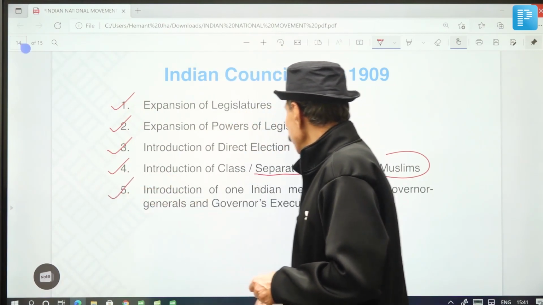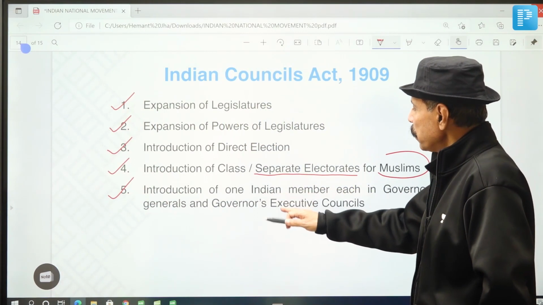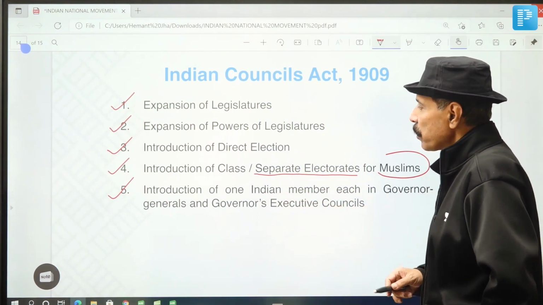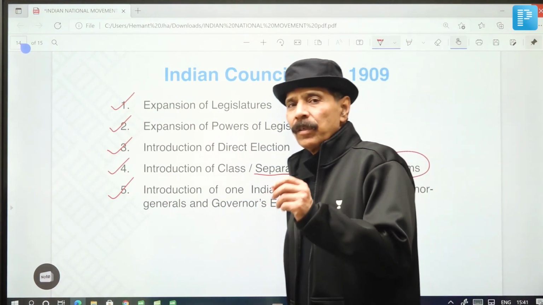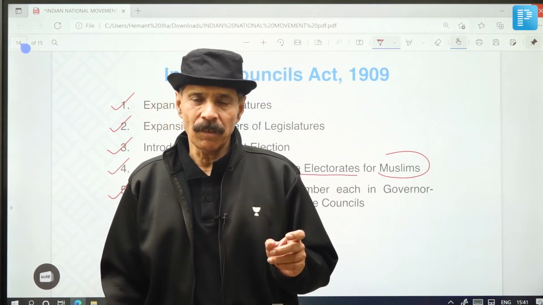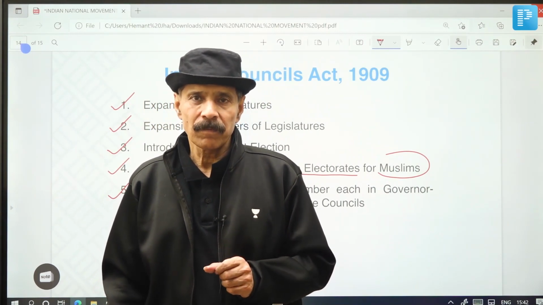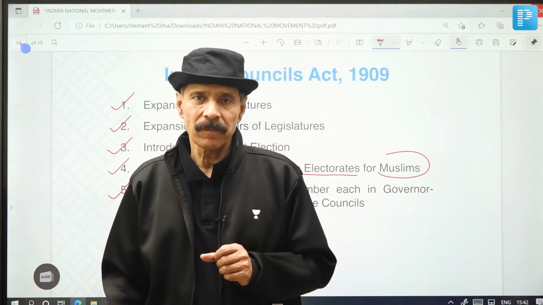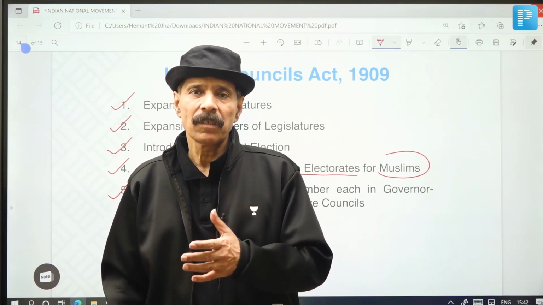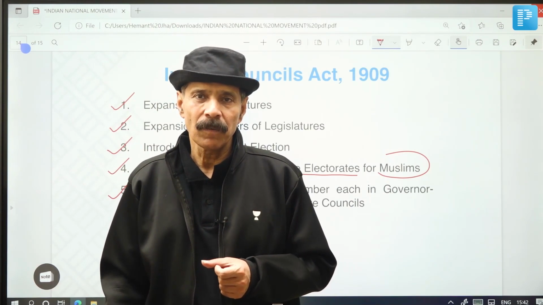Next one, introduction of one Indian member each in Governor Generals and Governors Executive Council. So in the Executive Council of Governor General of India or Viceroy, and in the Executive Council of Governors of the provinces, one Indian member each was allowed.